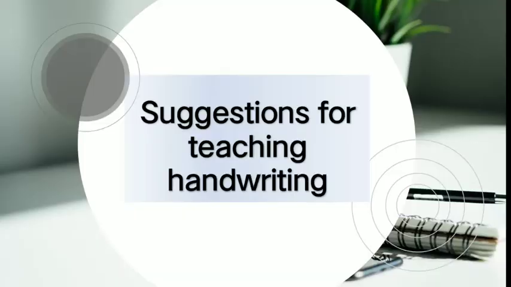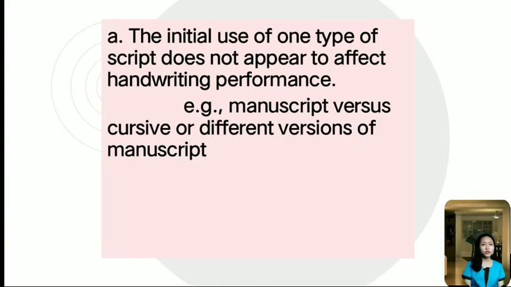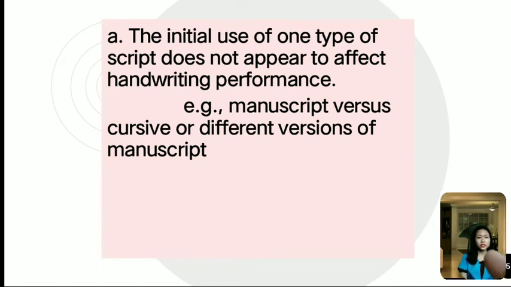And now let us discuss the research-based suggestions for teaching handwriting. The initial use of one type of script does not appear to affect handwriting performance. Example, manuscript versus cursive or different versions of manuscript.